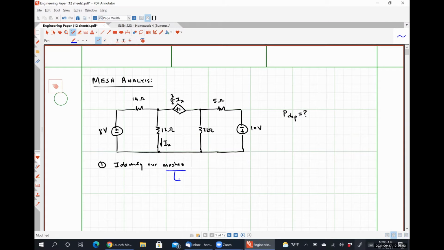Well, a mesh is any loop which does not contain a smaller loop.